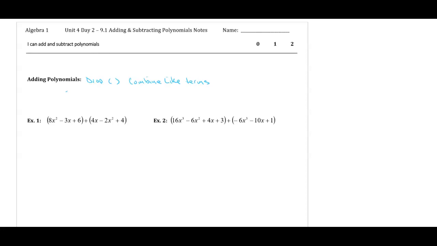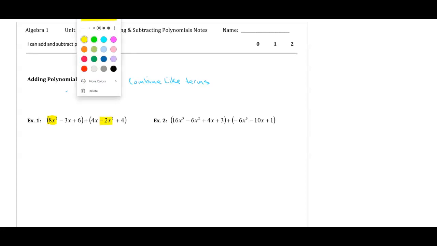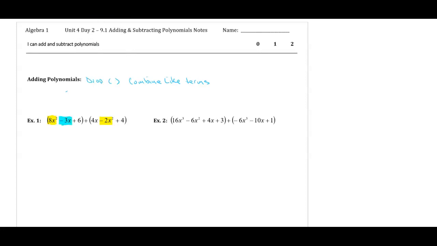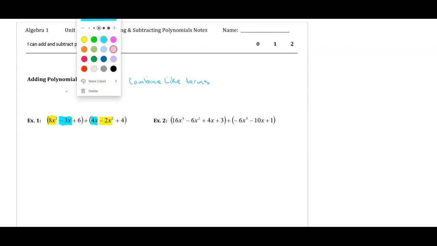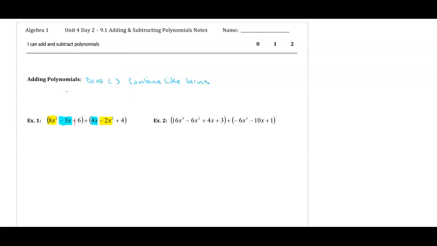So when I look at the first one, I could basically drop the parentheses, and I combine 8x squared, and what's the other x squared? Negative 2x squared, right? Then I can combine the negative 3x with the 4x, because those are like terms. Then I can combine the constant 6 with 4.